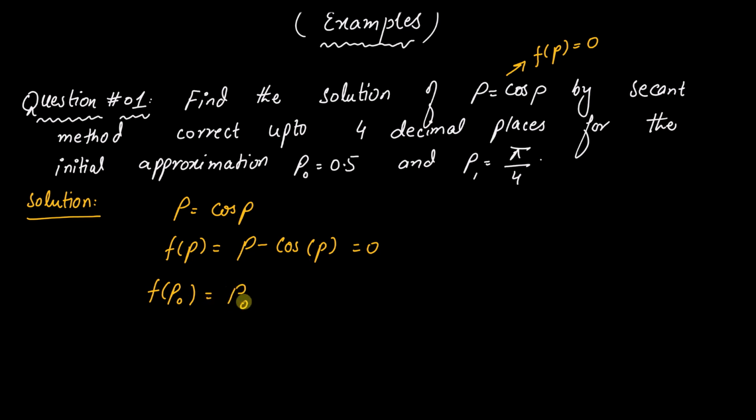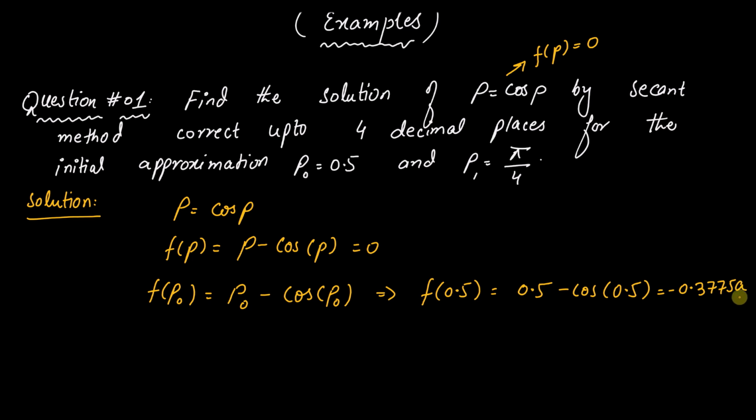So it becomes p naught minus cos of p naught, that is f of 0.5, equal to 0.5 minus cos of 0.5, and that gives us a solution of negative 0.37758. So this is a negative value.